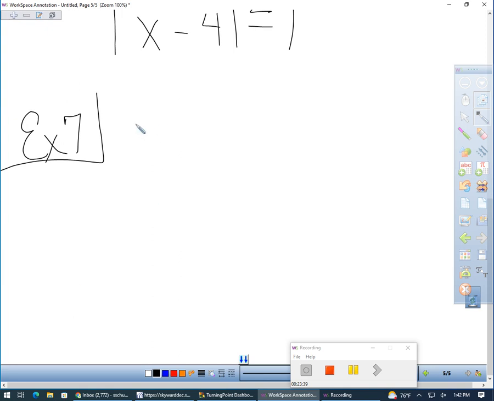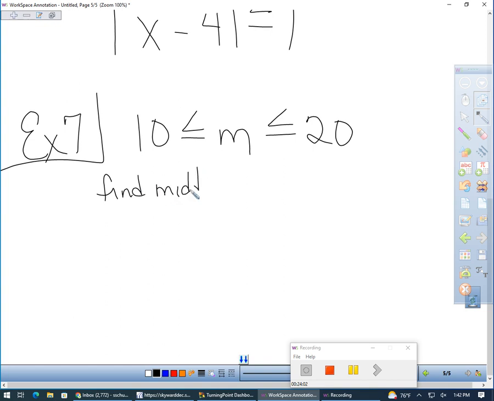Let's say I have 10 is less than or equal to m less than or equal to 20. The very first thing you do is find the middle number. Find middle number. I agree. How did you find that? It's directly in the middle. How do you figure it out, though, if you can't tell? Average it, exactly.